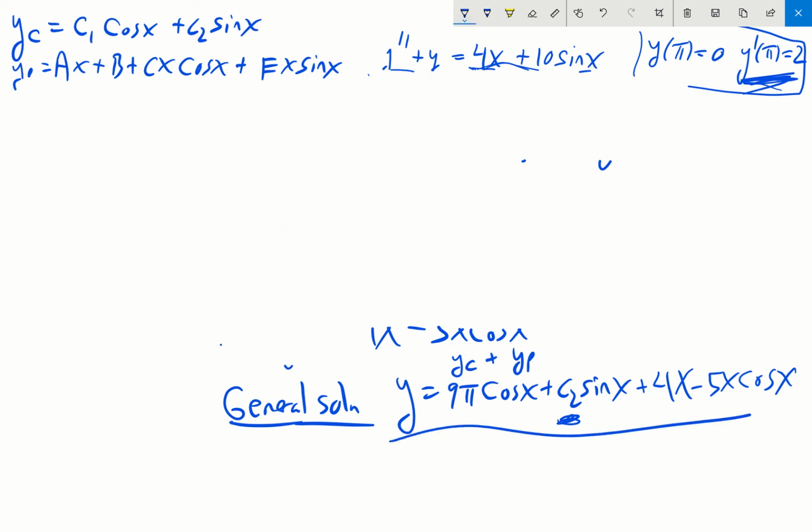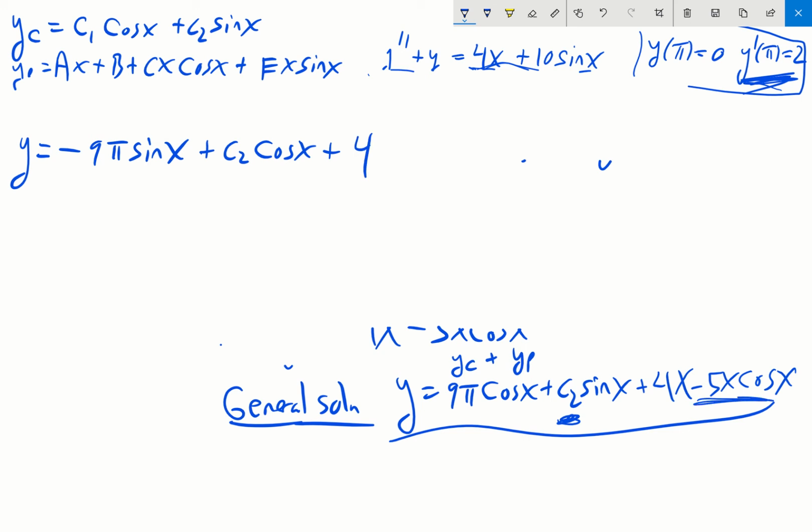The derivative of 9 pi cosine of x is going to give us negative 9 pi sine x. The derivative of c2 sine x is going to be c2 cosine x. The derivative of 4x is 4.